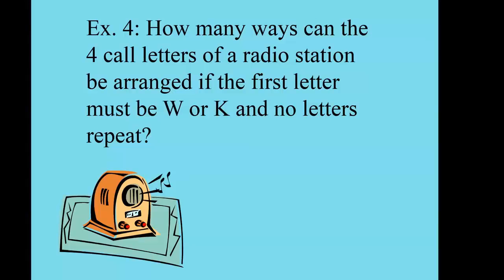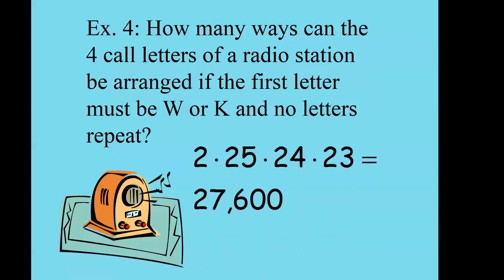So for example, I know there's 4 letters, but I know there's only 2 choices for the first letter. So this would be more of a counting principle idea. So we've got 2 options for the first one. Since I've already used a letter up, the second one can only have 25. The third one, we're down to 24, and the fourth one down to 23. So just type that in the calculator and we have 27,600 choices.